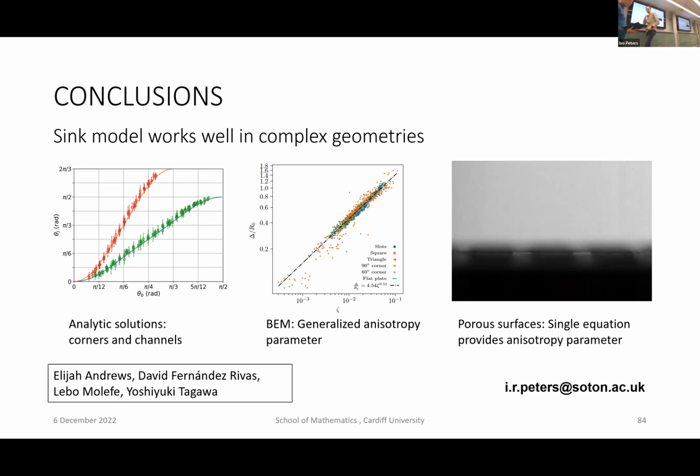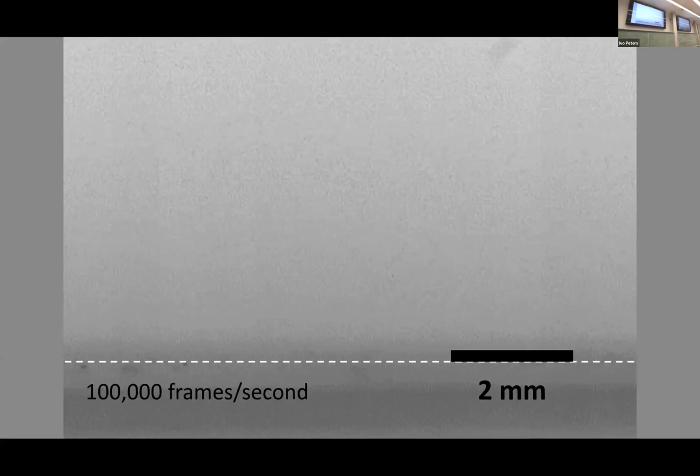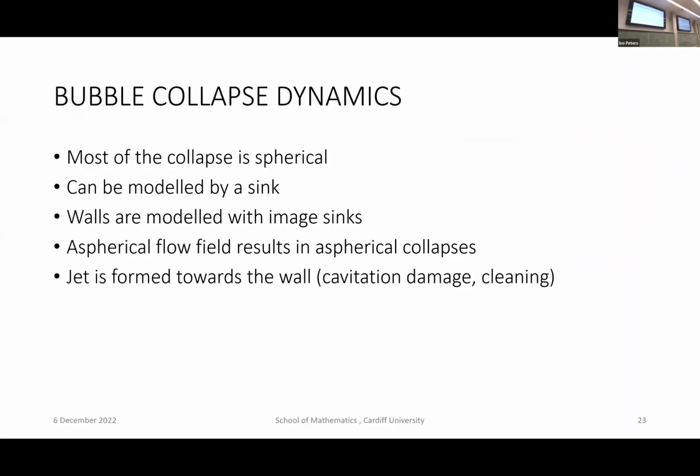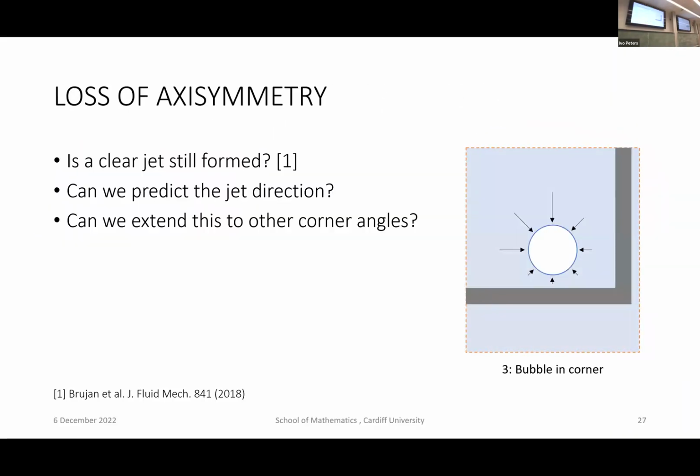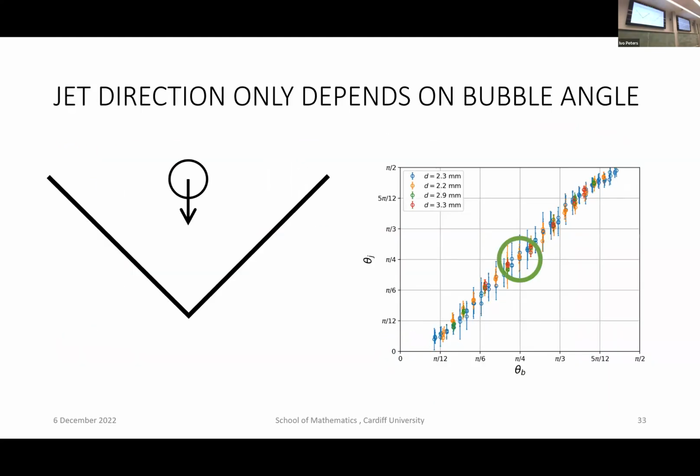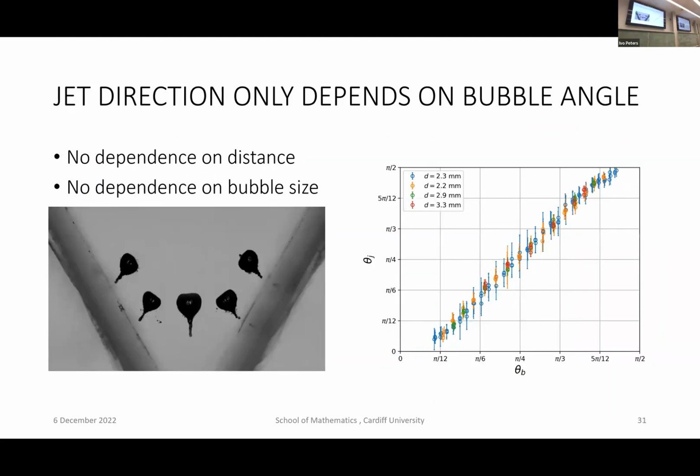Let me see what question. I can make a rough guess why it is. So if you are here, then it's going to the wall, and how far away you need to be?